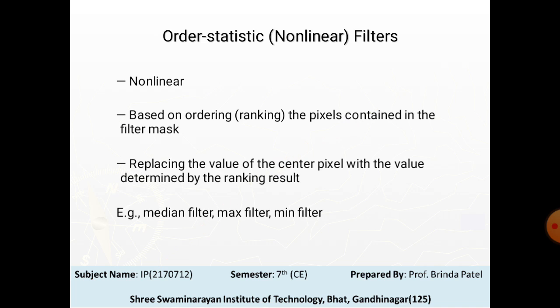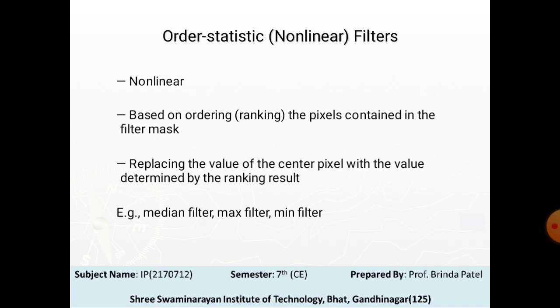The best known filter in this category is the median filter, which, as its name implies, replaces the value of a pixel by the median of the intensity values in the neighborhood of that pixel. Other examples are the max filter and min filter.